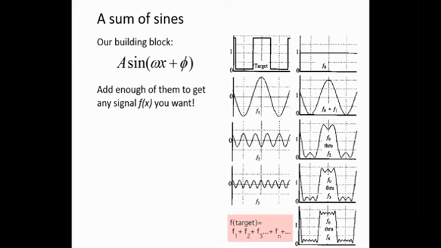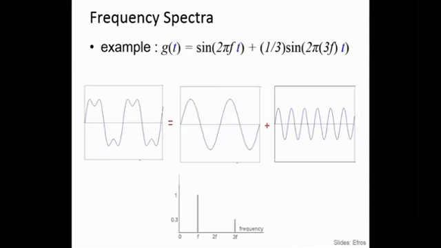I start with a broader sine function with a frequency of the same width of the square wave, and then I increase the frequency, and then I keep on doing that and adding each successive signal, which has a smaller amplitude but a higher frequency, and then after I add enough of these, I'll get the square wave.